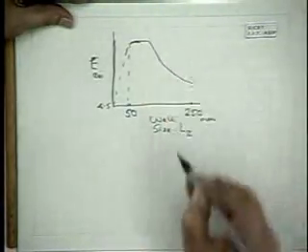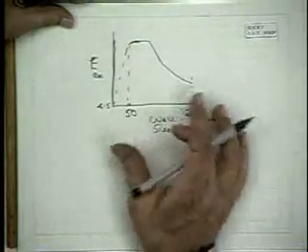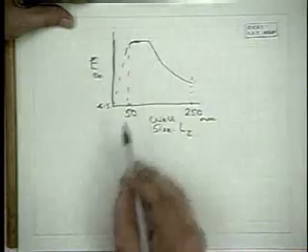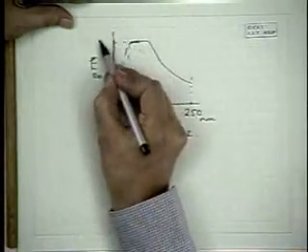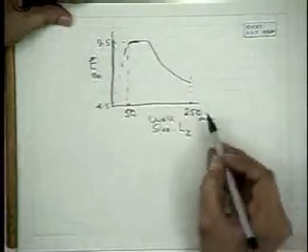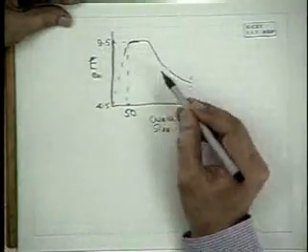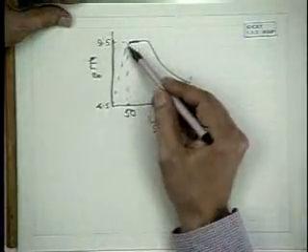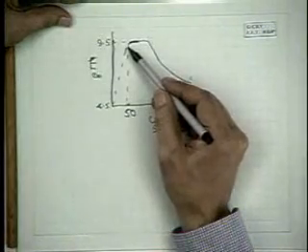As the well size increases, we tend to gradually get back to the bulk value. And the binding energy for an exciton in a well of width 50 nanometers can be as much as 9.5 meV.